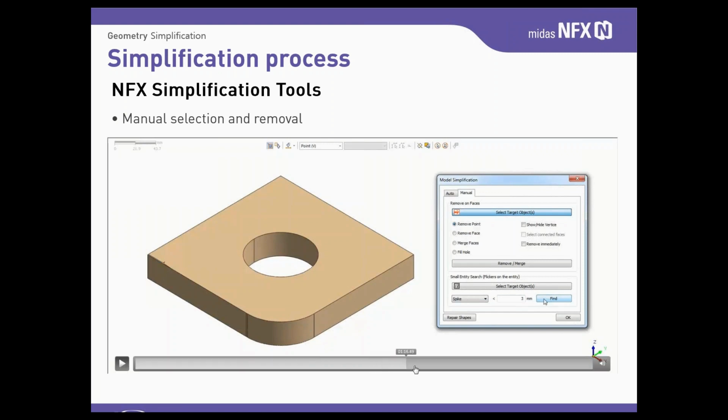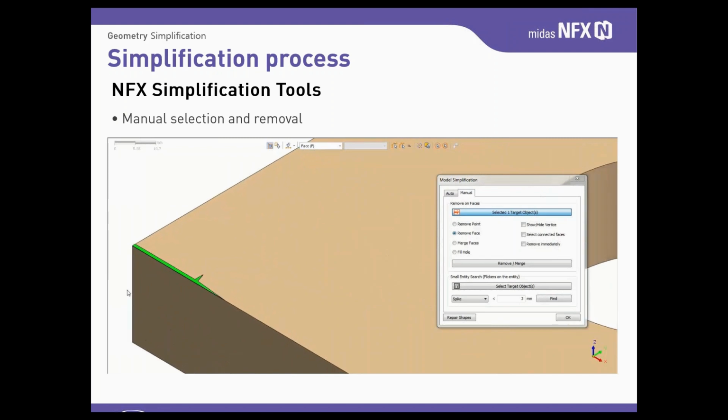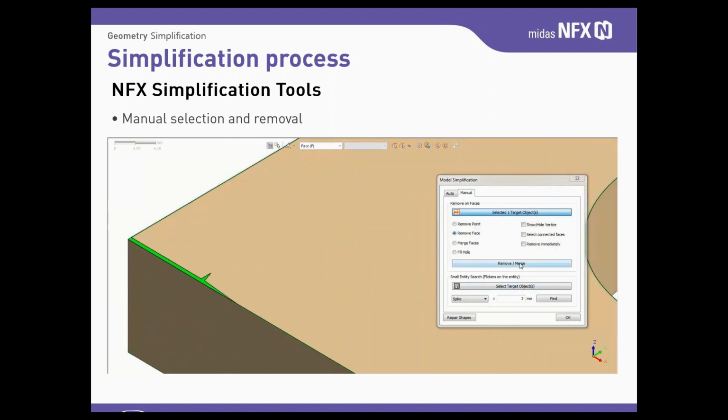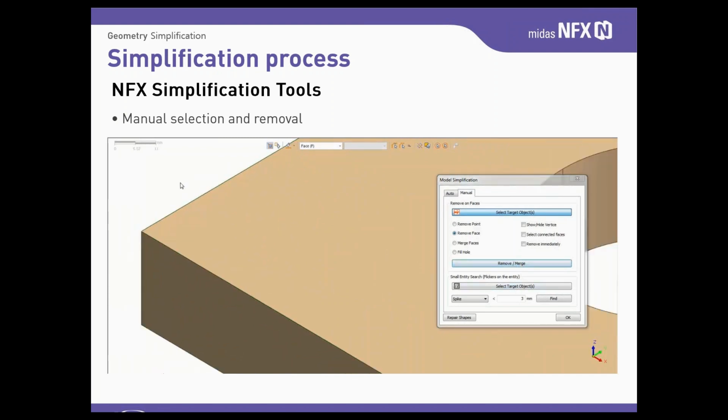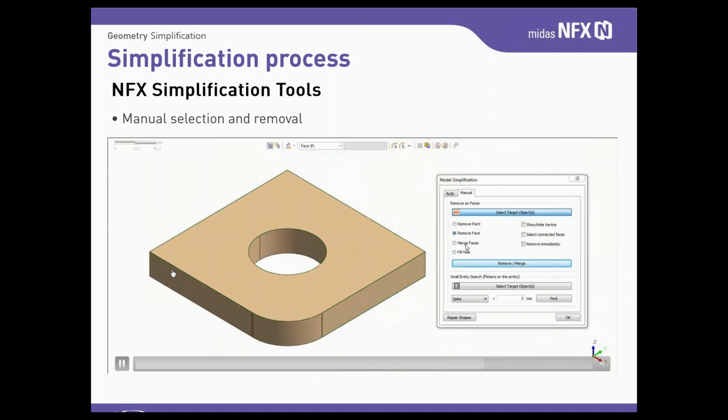So I will skip this video a little bit. I will go to the remove face option, and now you can see that using this option we can very quickly delete the face. Okay, so there is no change in topology.